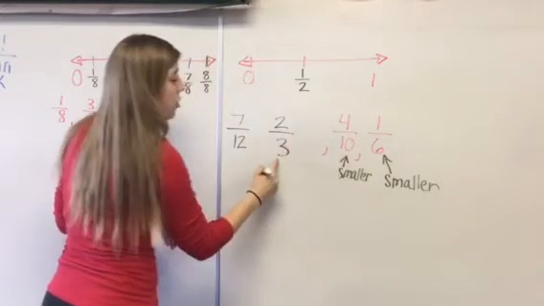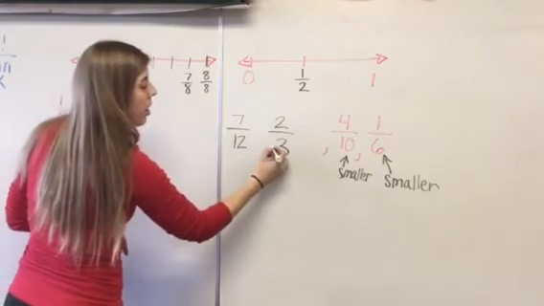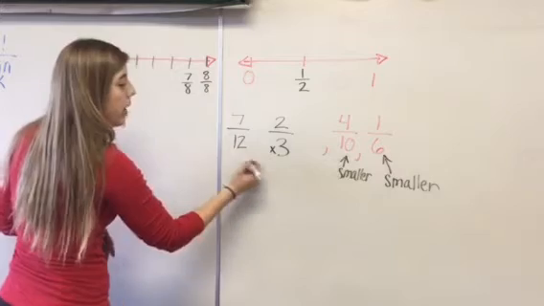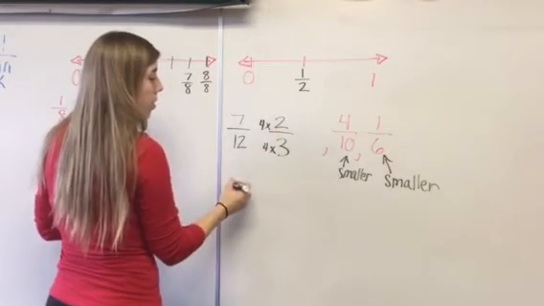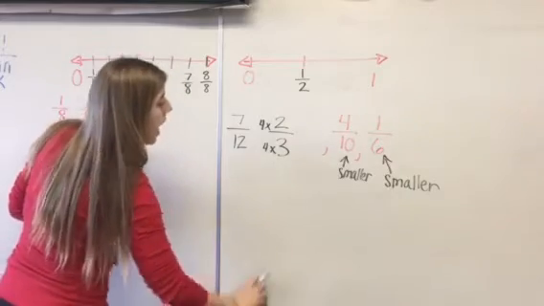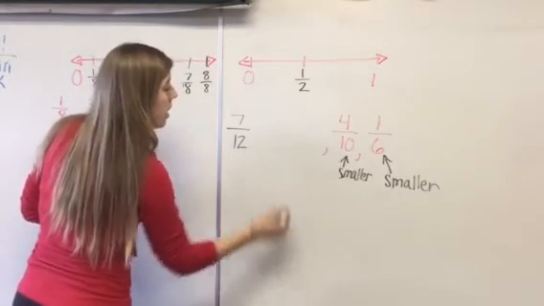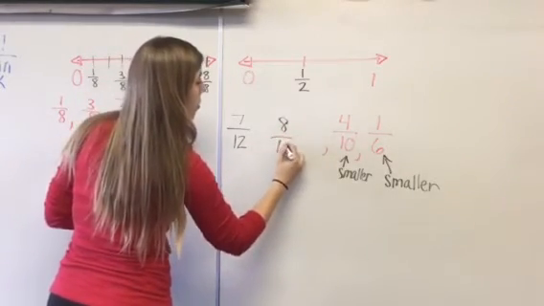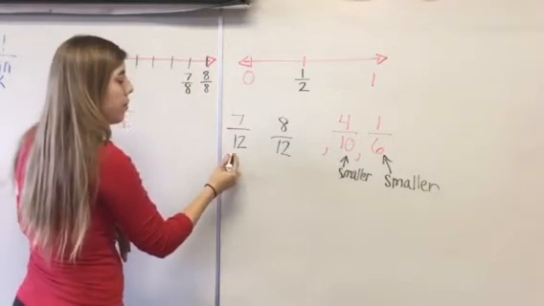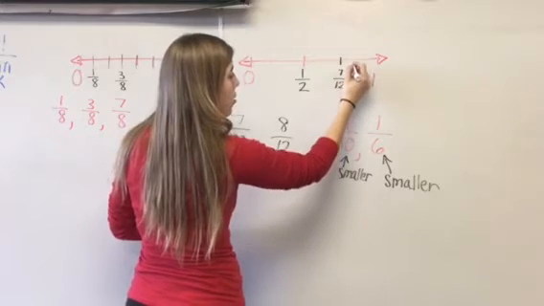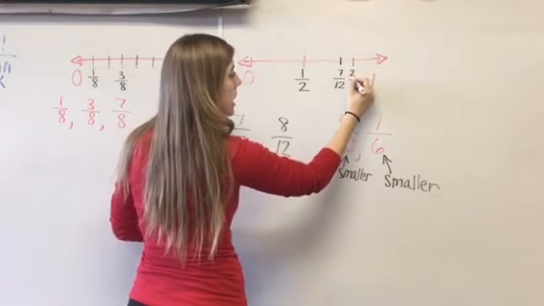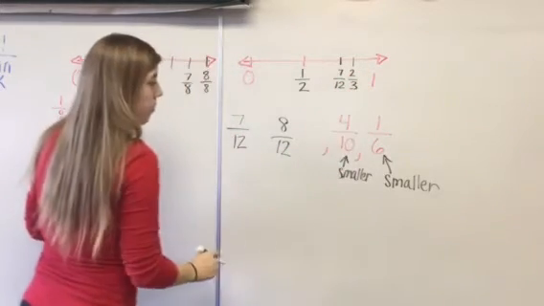Remember, you start with the fraction that has the smallest denominator and multiply it by a whole number to equal the larger denominator, times 4, times 4. So 2/3 is actually the same as 8/12. So on my number line, I'm going to put 7/12 and make 8/12 or 2/3 slightly larger.